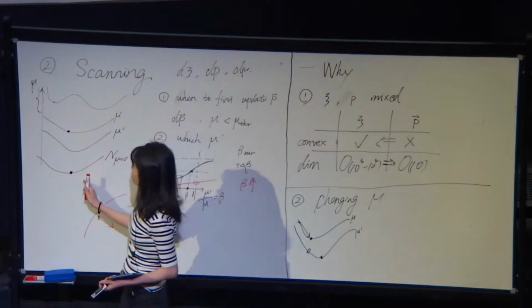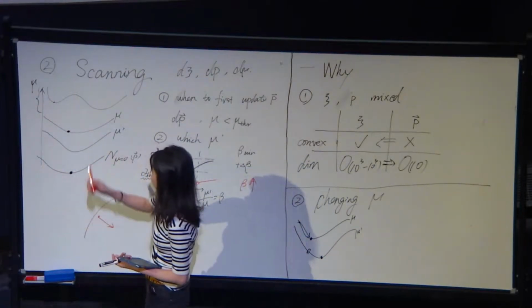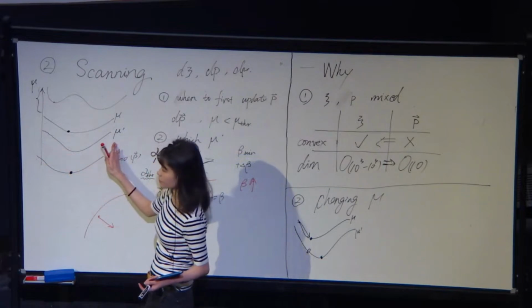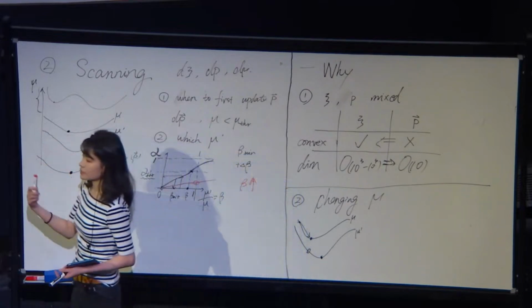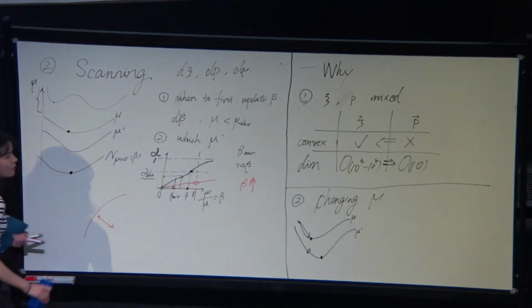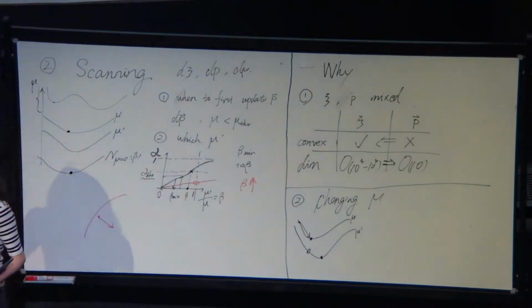So that's what scanning does. Scanning helps us choose a good mu surface we want to go to, and when it's problematic, it also allows us to escape from the bad behaviors. Okay. So those are the two points.